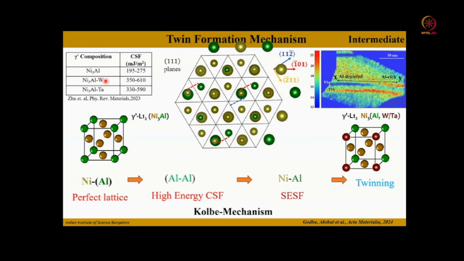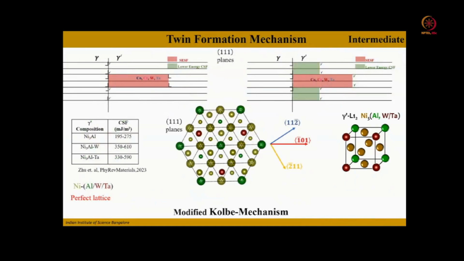If there is tungsten in Ni3Al, the CSF energy is much higher as compared to ideal Ni3Al. Similarly for tantalum.